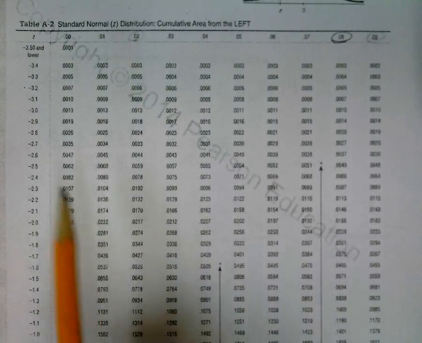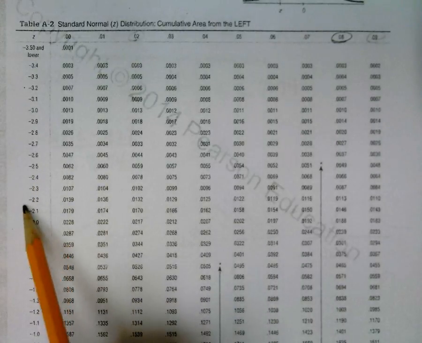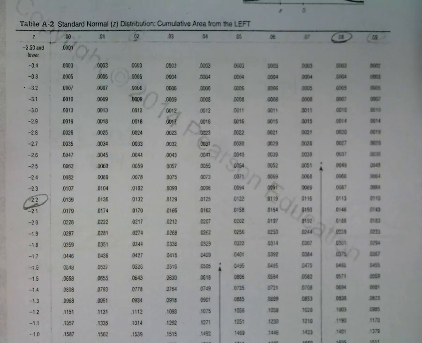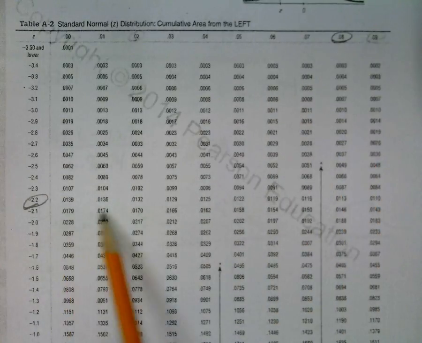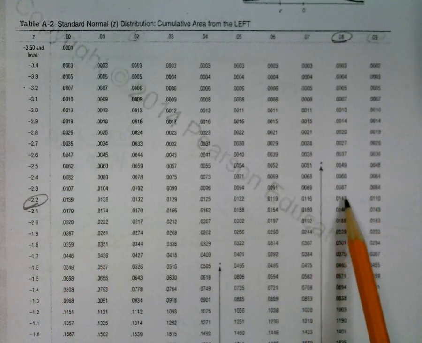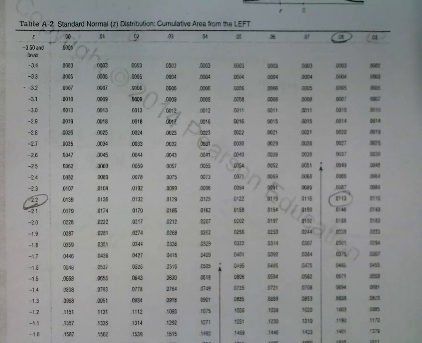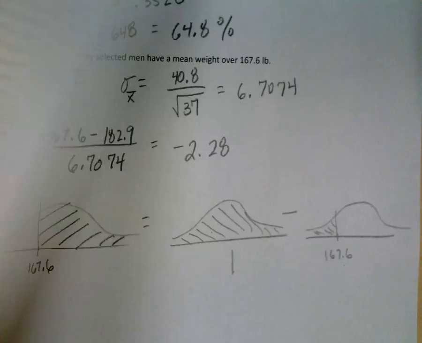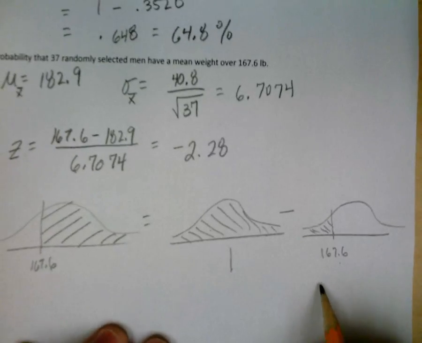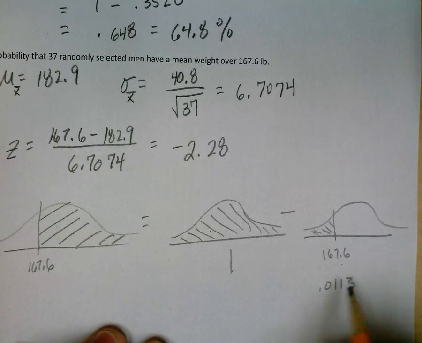Here's negative 2.2, and here is the 8. We look where those line up, and it's right here: 0.0113. That is the probability, or the area underneath this curve here.